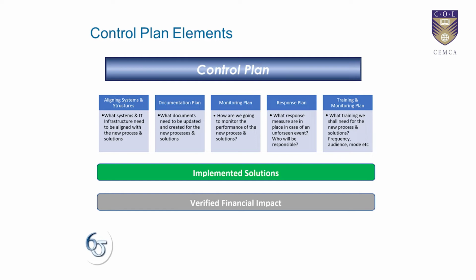Now after the solutions have been implemented, we would have made some changes into the systems and IT infrastructure. So the new process has to align with what we already have in the system. Sometimes we are changing the entire process, entire IT infrastructure itself, we are completely revamping or changing. In that case, the new system has to align with the existing infrastructure. So alignment of system and infrastructure is very, very important.